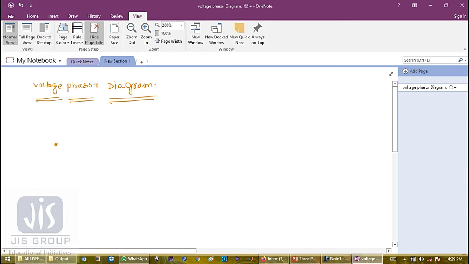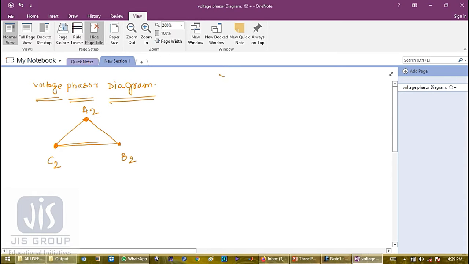So let me first draw an equilateral triangle. The top position is A2, the right position is B2, and this is my C2, and this position is fixed for the primary side.